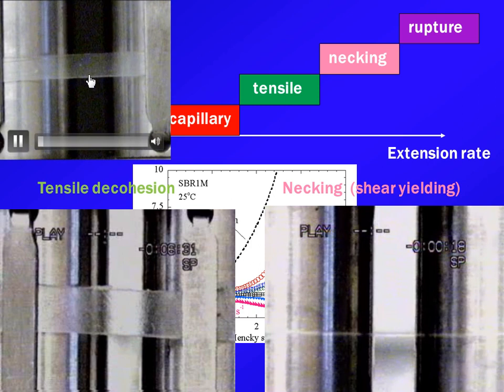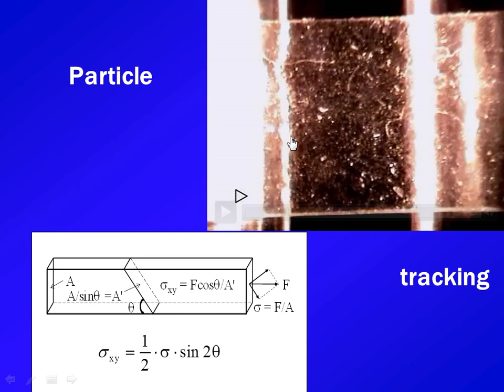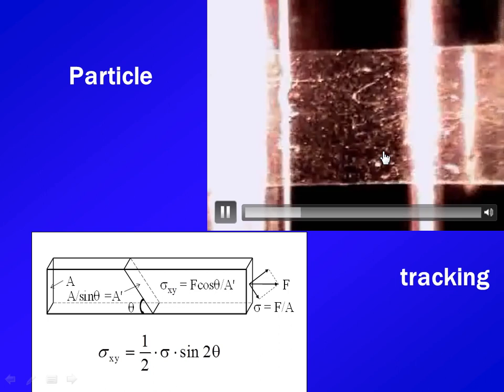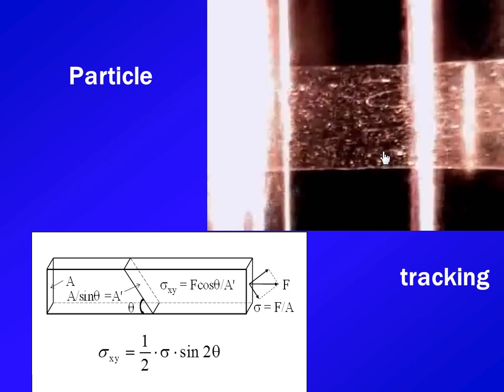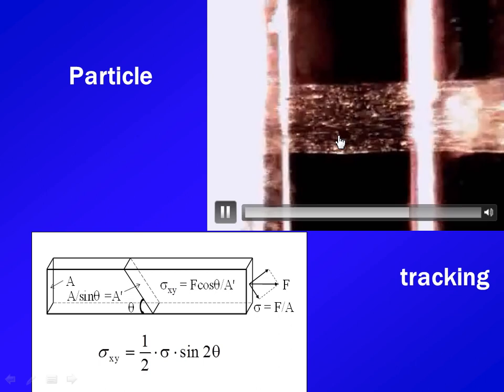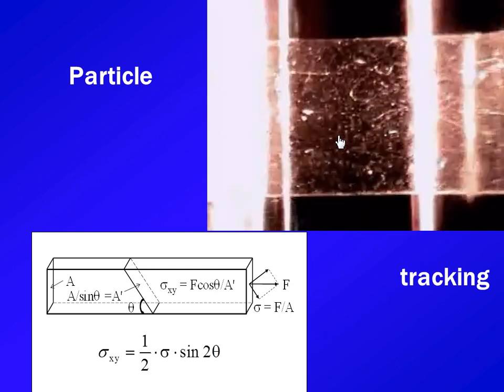So these behaviors start to be understood by us, and in particular, you can apply the same idea and put some particles on the sample. Although you are doing a tensile deformation, you can project that tensile force into an inclined plane and realize for yourself, there is a shear stress that exists on that sample.